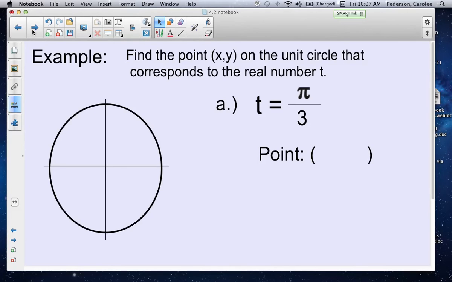All right, this is a quick problem. Find the point x, y on the unit circle that corresponds to the real number. See if you can find it.